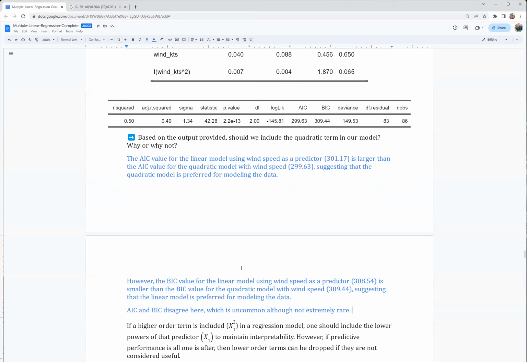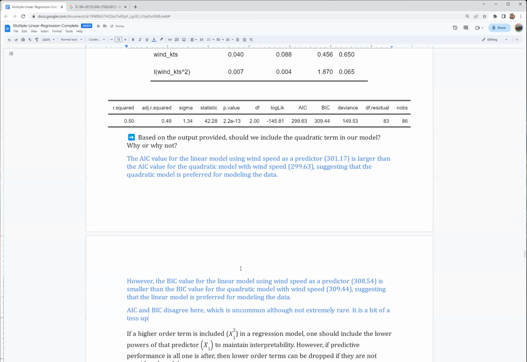But if we're just going off the modeling numbers here, it is a bit of a toss up, but we will select the model with the lower BIC, the linear model.